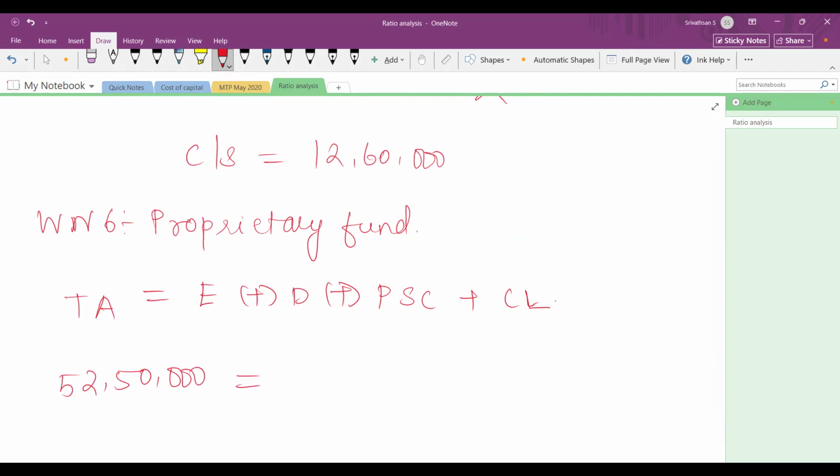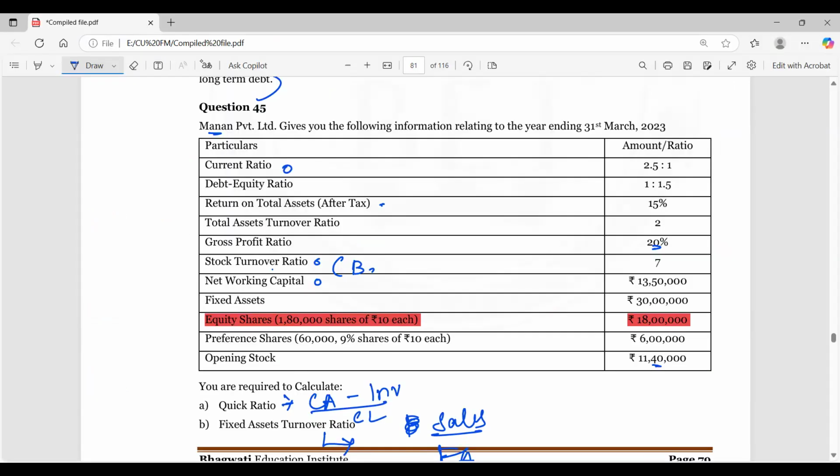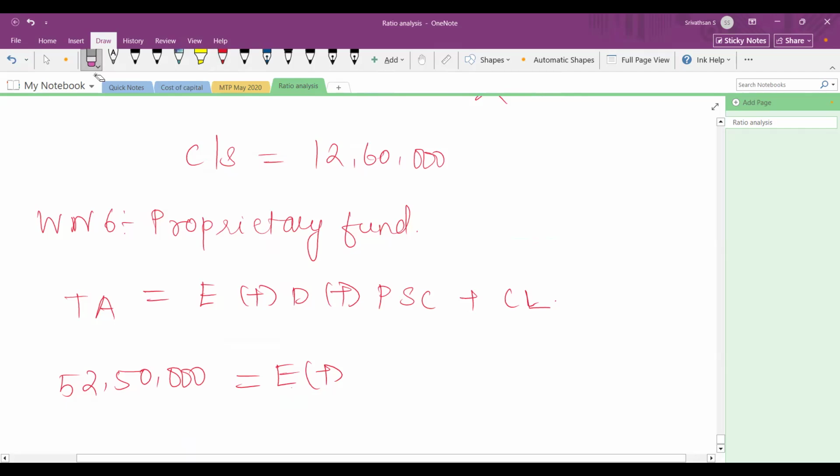We don't know equity; this is something we need to calculate. Plus, listen, debt equity ratio is given as debt by equity is equal to 1 by 1.5. So I can write equity is equal to 1.5 of debt. So I can substitute this in the equation: equity as 1.5 debt. Did you all understand why we are taking 1.5 debt?